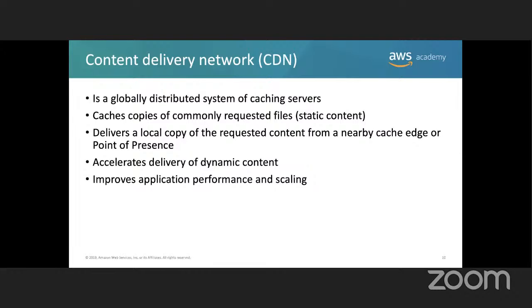So it improves the performance of your website remarkably. A few trips will be saved from going to the database or to the origin. You don't have to go to the origin every time someone requests information. It's already cached there.